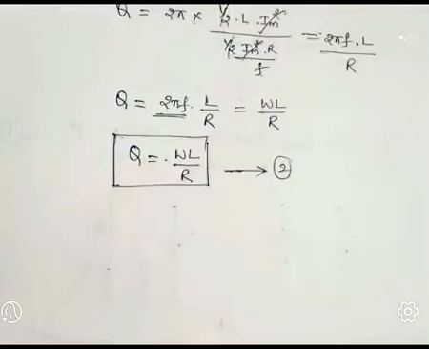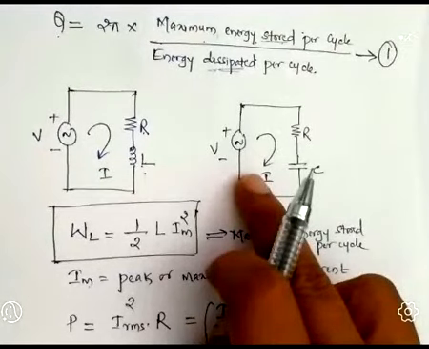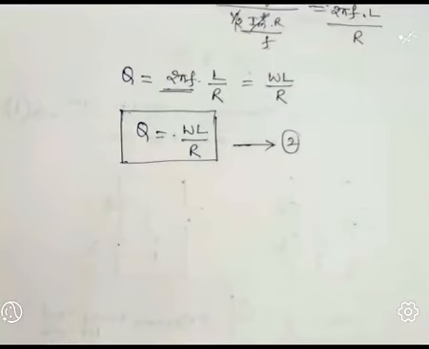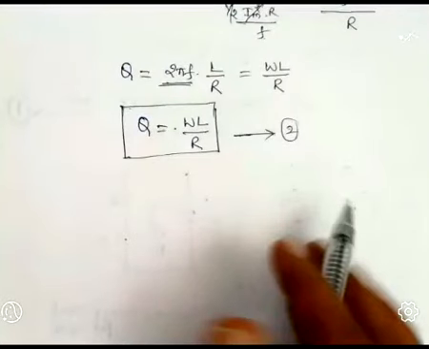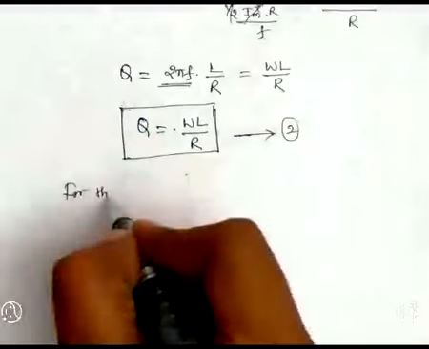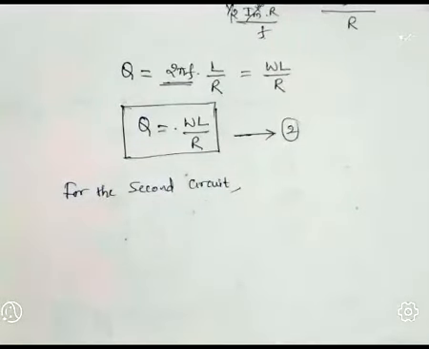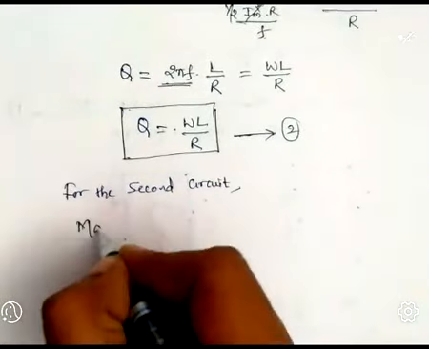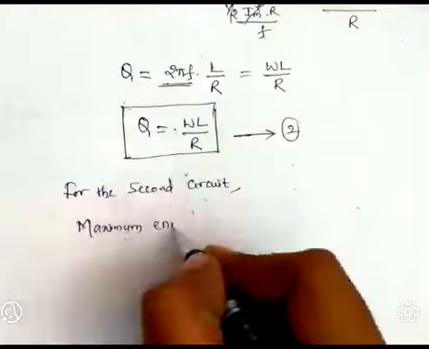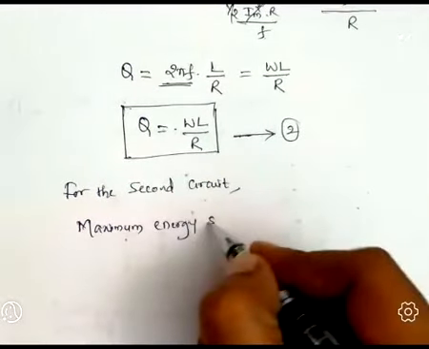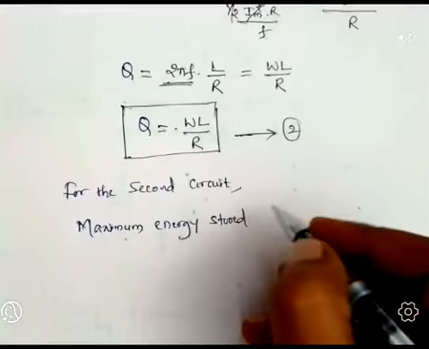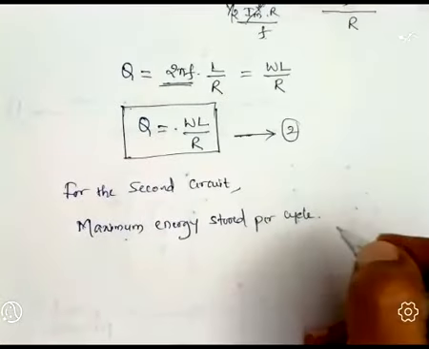Similarly, for the second circuit, how do we calculate the quality factor? In the second circuit, voltage V is applied to a capacitor, which is nothing but R in series with C. Now first write the maximum energy stored per cycle.